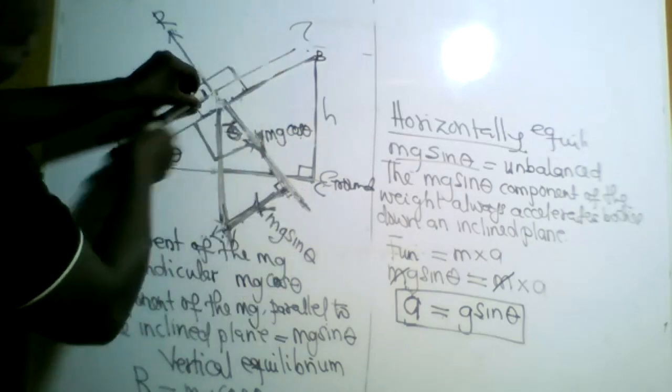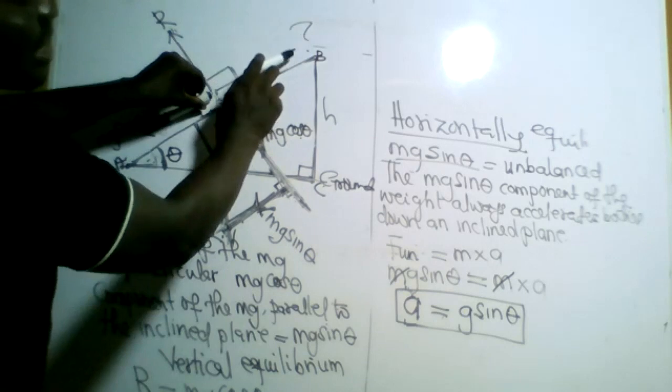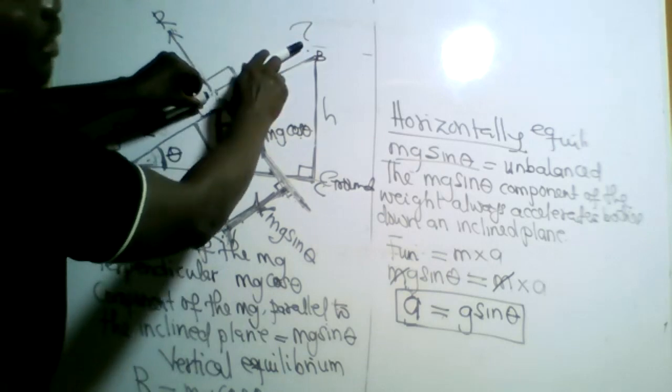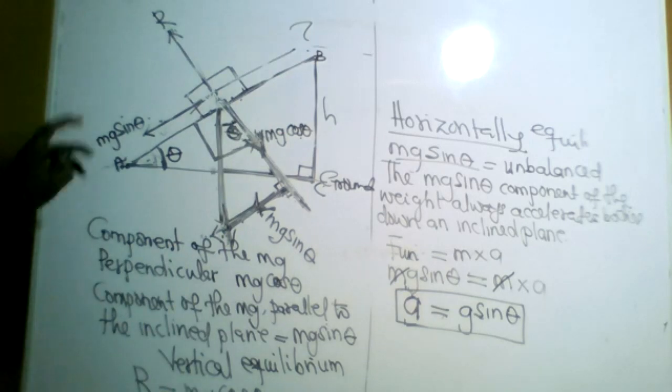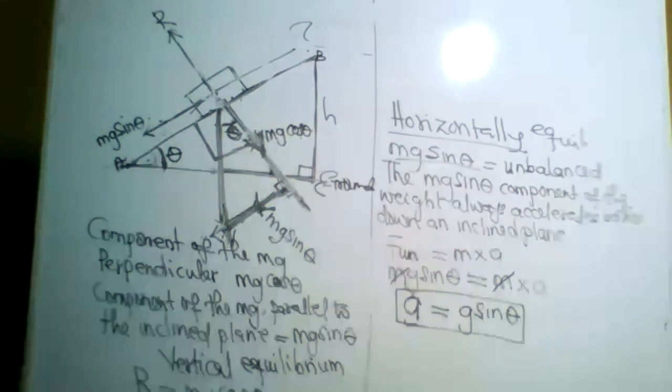So this one, mg sin theta, because it has no component here, we say this is unbalanced.